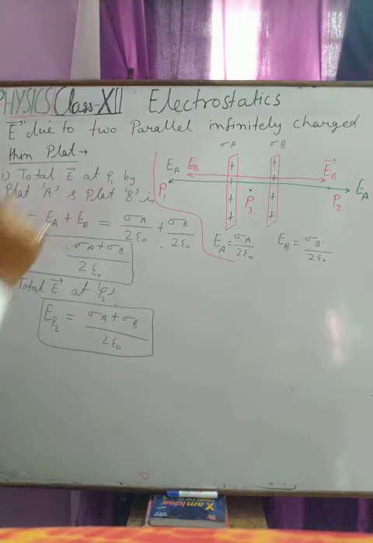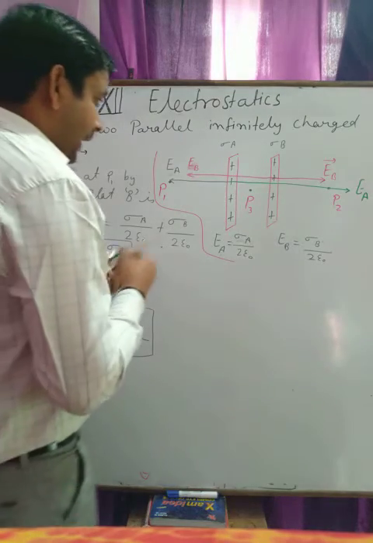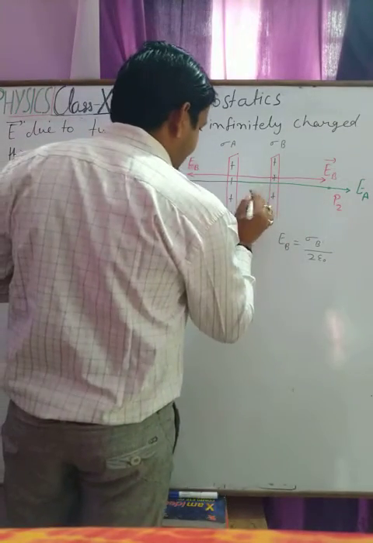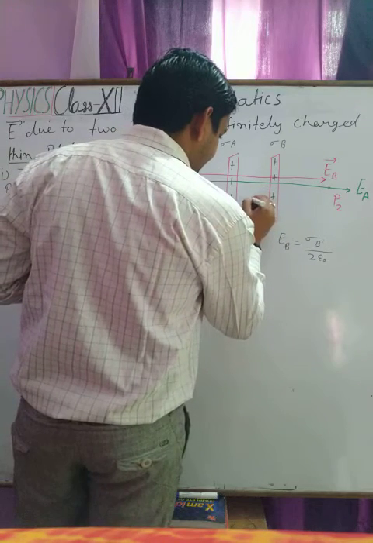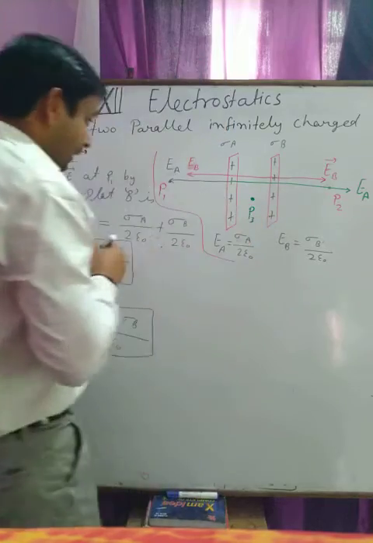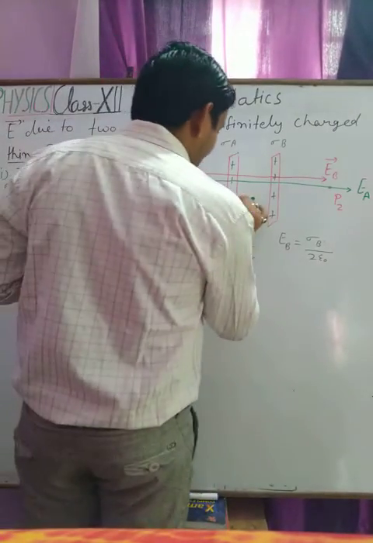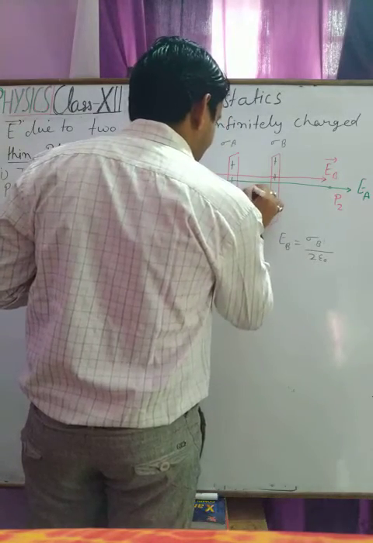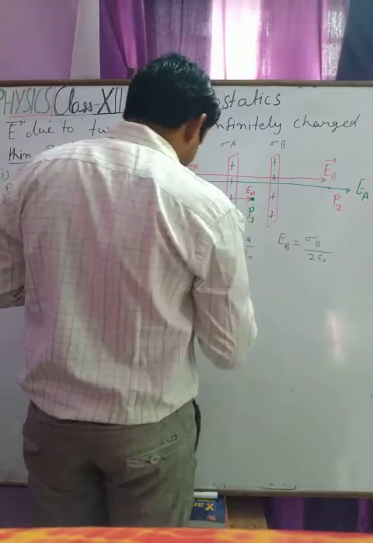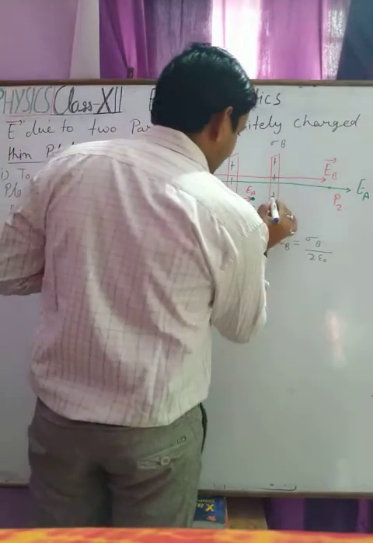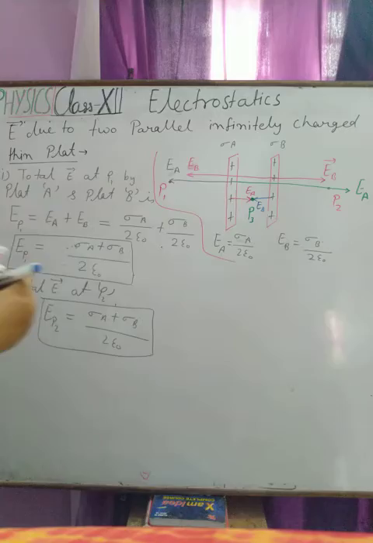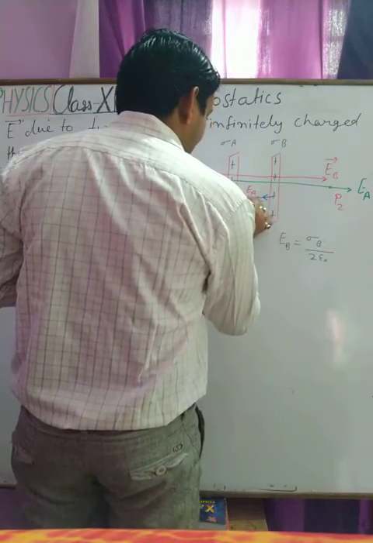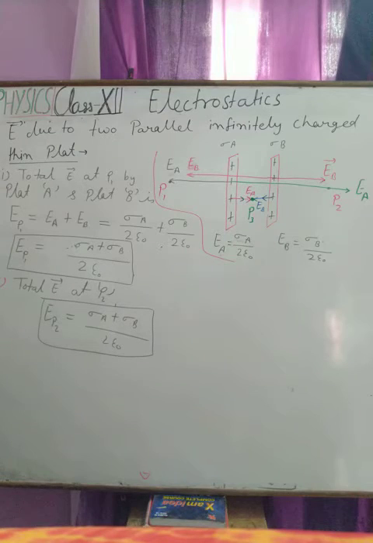Now we are calculating the electric field at P3. The electric field at point P3 due to plate A is this, and due to plate B, we find, student, the electric fields are in opposite direction.